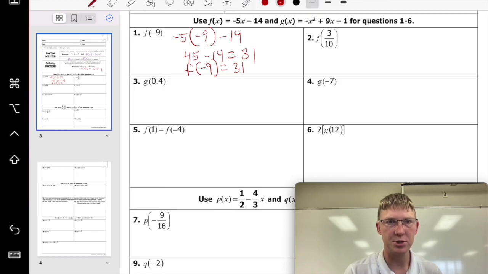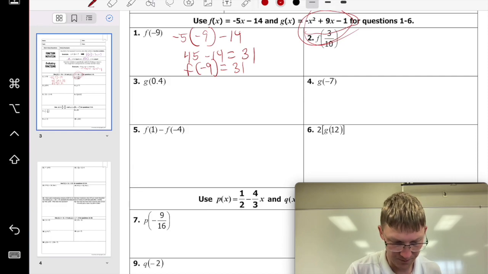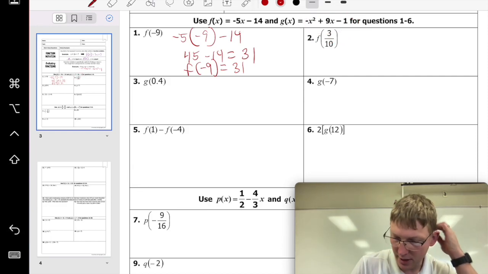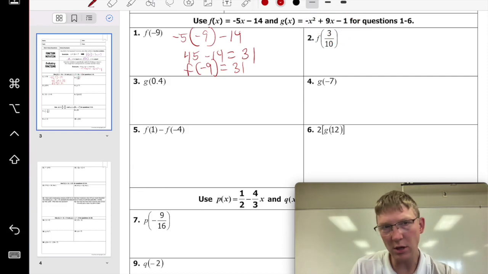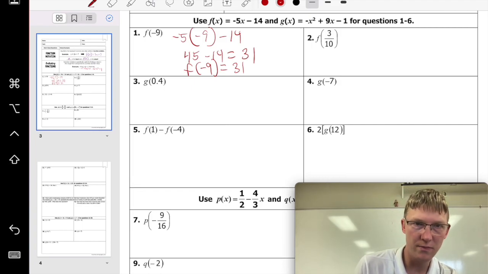So I'm just going to skip straight to number 3, g of x of 0.4. Remember, that's this equation over here, which is slightly more complicated, but more fun. You can use your calculators for this. If you see a decimal or a fraction, don't panic too much. Everything's fine.